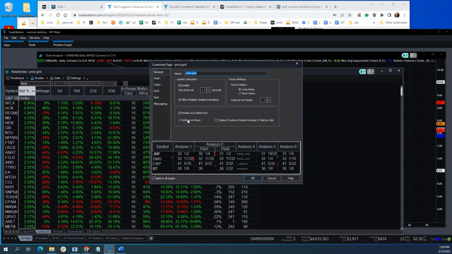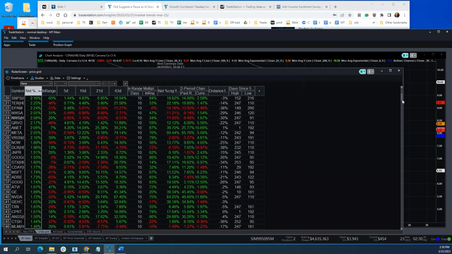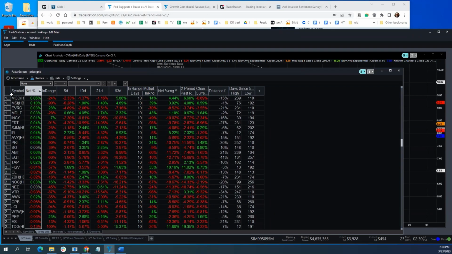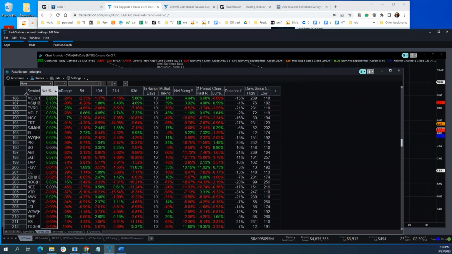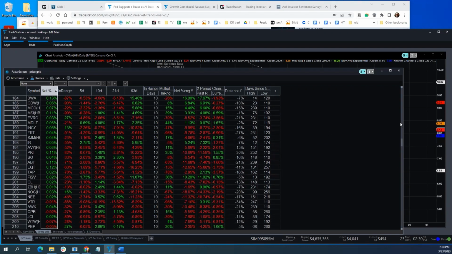Go to general, go to reference rows. We're under 39.50 on the cash. So if we look here, we can see how many companies in the S&P today are actually even green. The index itself is up a very small amount now, and with the index up, there's like 200 companies.